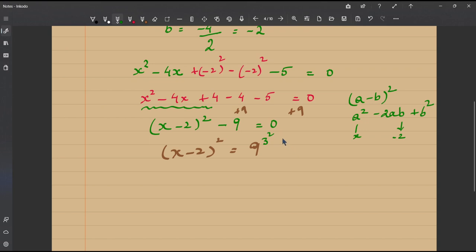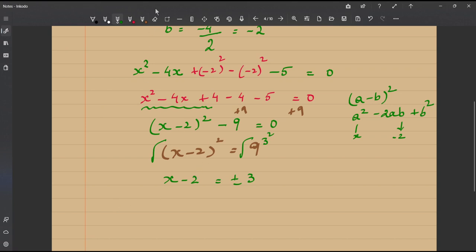So how do we solve for x now? Just take square roots on both sides. What do we get? x minus 2 is equal to, since root of 9 is 3, we can write it as plus or minus 3.